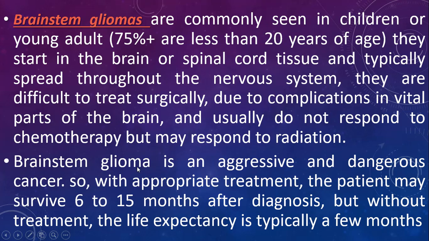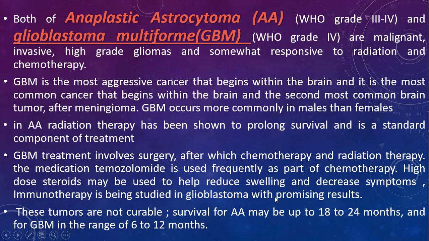The brainstem glioma is an aggressive and dangerous cancer, so with appropriate treatment, the patient may survive 6 to 15 months after diagnosis. But without treatment, the life expectancy is typically a few months.